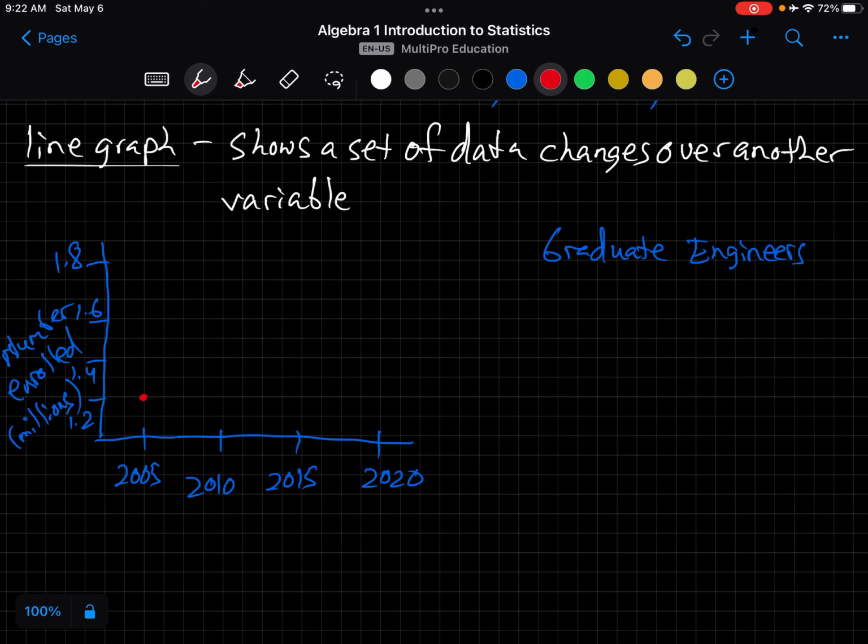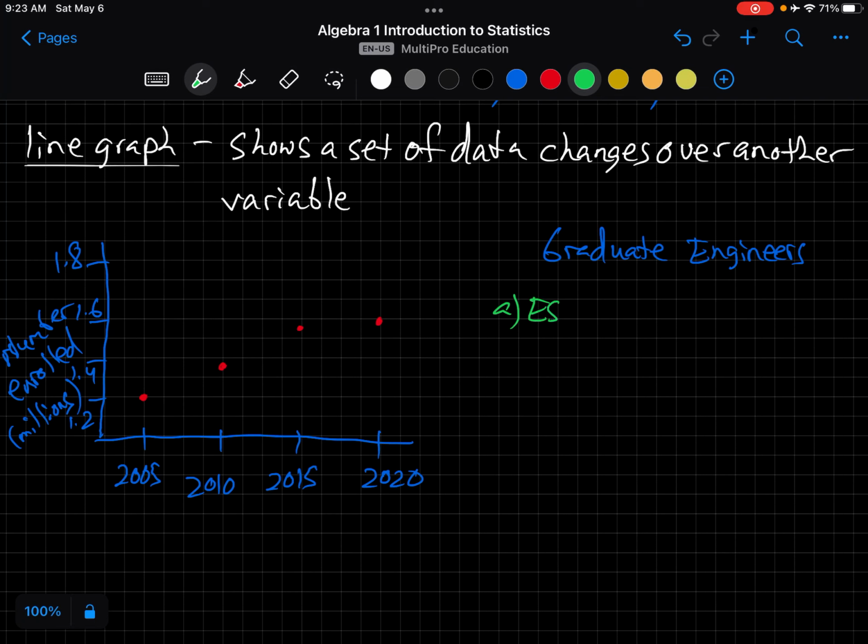In 2010, let's say that there were about 1.35 million. And then 2015, let's say that there was about 1.55 million. And let's say there were 1.6 million in 2020.